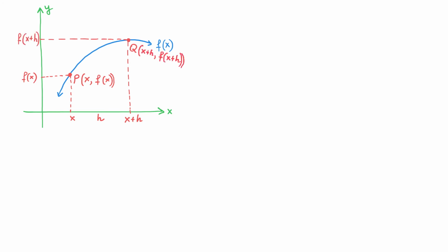Now let's draw a secant line that passes through these 2 points. And now once we have the secant line and the 2 points that belong to this line, we can find the slope. So one point has the coordinates x and f of x, and the other one has the coordinates x plus h and f of x plus h.